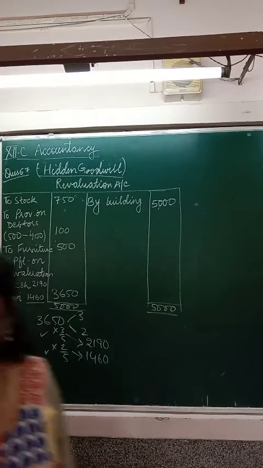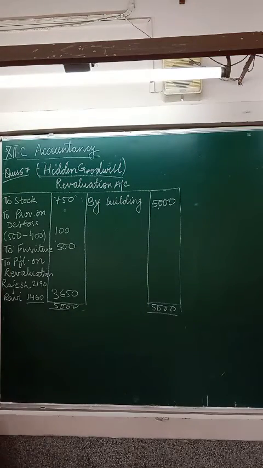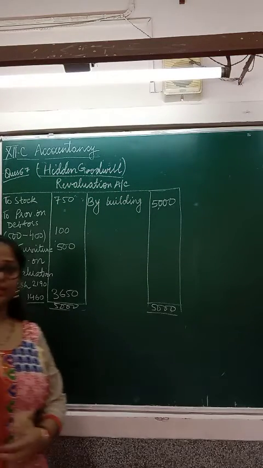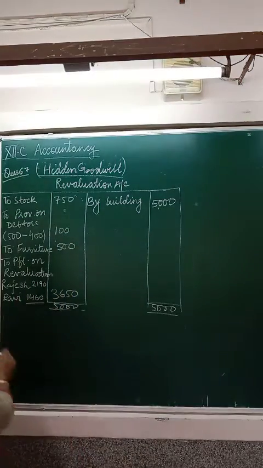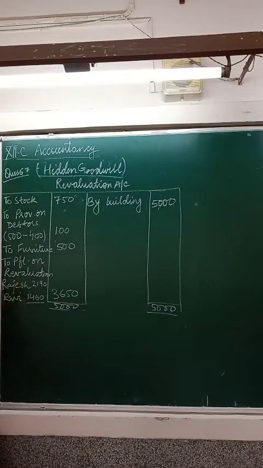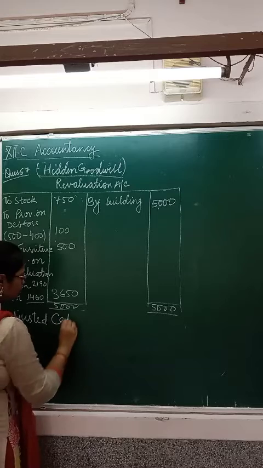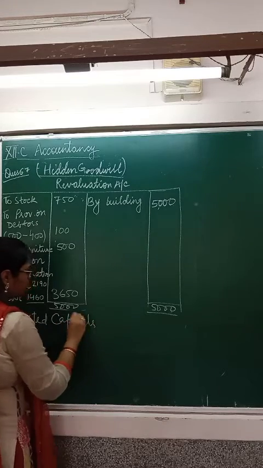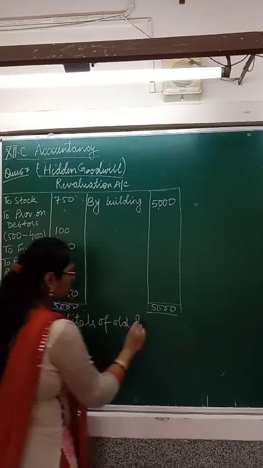After this, what do we require? We require the calculation of hidden goodwill and also the share of the new partner who is Raman. Before that, since we know the profits on revaluation, we will write the adjusted capitals of old partners.